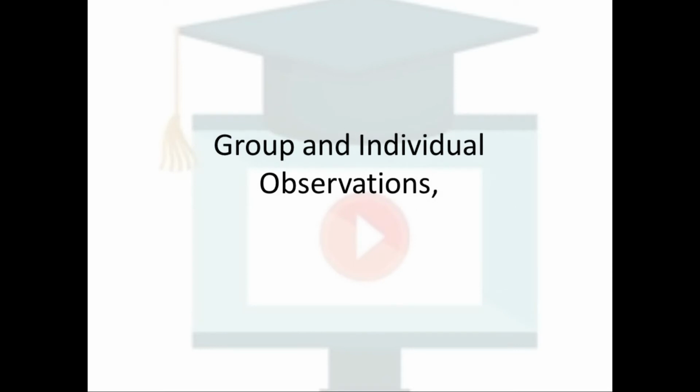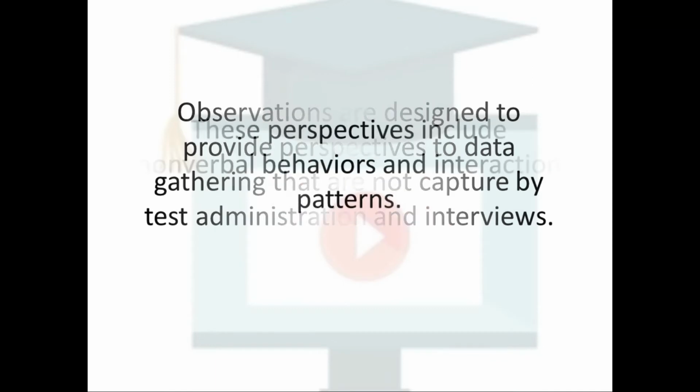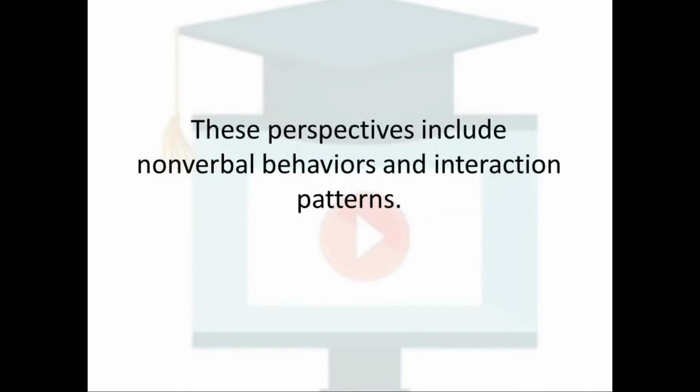Group and individual observations. Observations are designed to provide perspectives to data gathering that are not captured by test administration and interviews. These perspectives include nonverbal behaviors and interaction patterns.